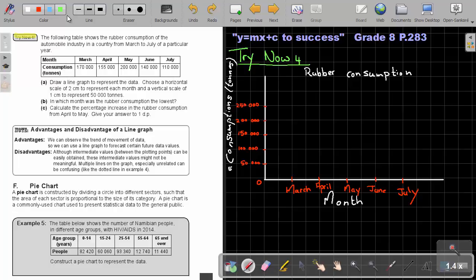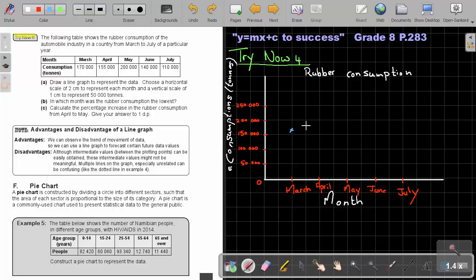In March, it was 170. Now this is why graph paper works far better. So 150, so 170 will be 2 small blocks up from there, remember one small block is 10,000. But do it on graph paper.